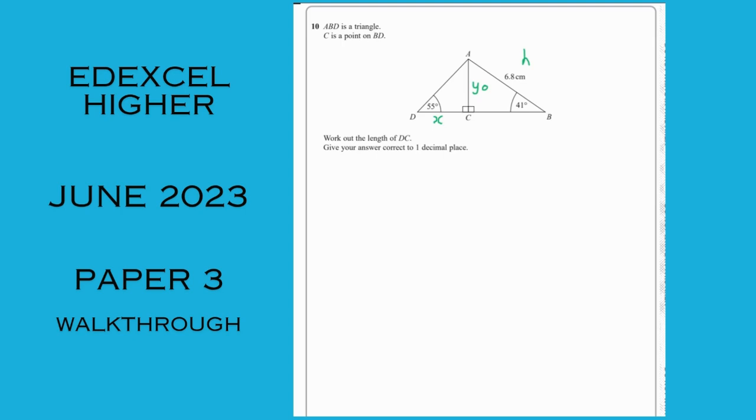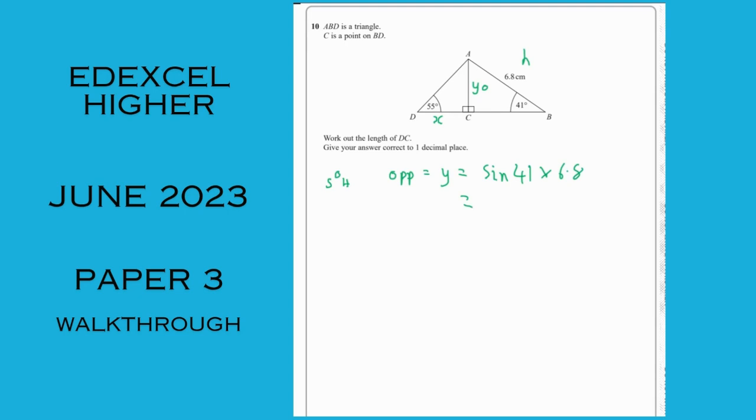We've got the angle. Opposite and hypotenuse means it's a SO. So we've got opposite, which is y, is going to be the sine of the angle, which is sine 41 multiplied by 6.8.